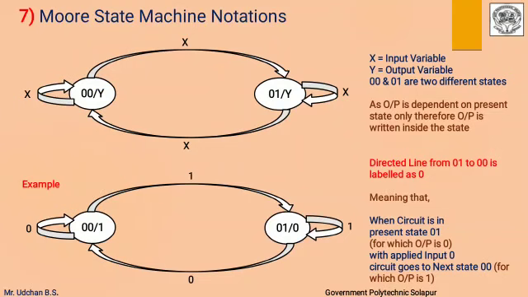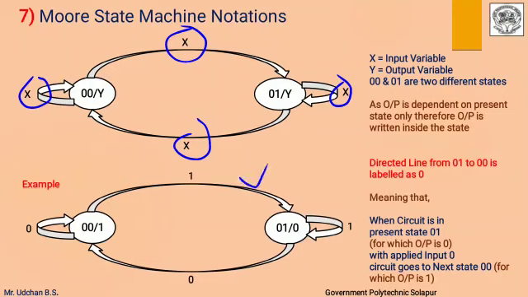Therefore, the output is written inside the state, that is the state number and the value of output, like this for this one, and for this, 0 1 is the state number and y is the output, and over here the values of inputs are written, that is x.